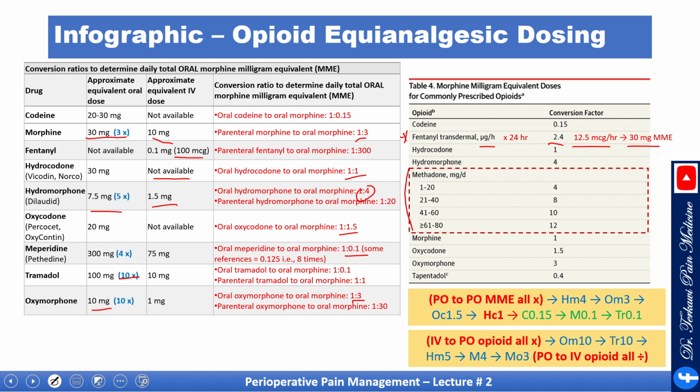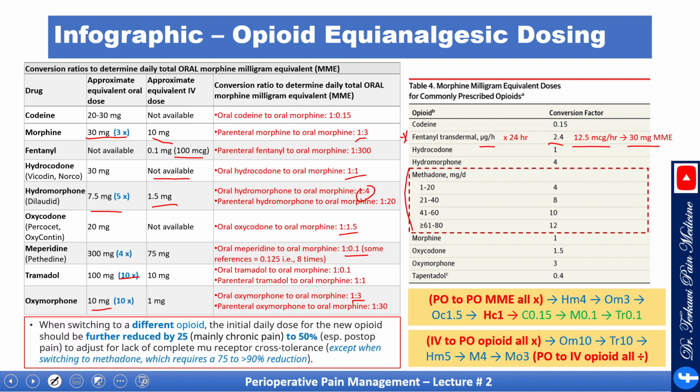And if you want to convert from PO to IV, the number should be lower. So use the same equation, but it's a division, divide instead of multiply. The last thing, now that's the whole slide. You are welcome to save the slide, use it.